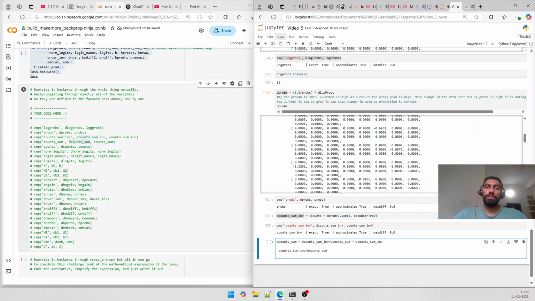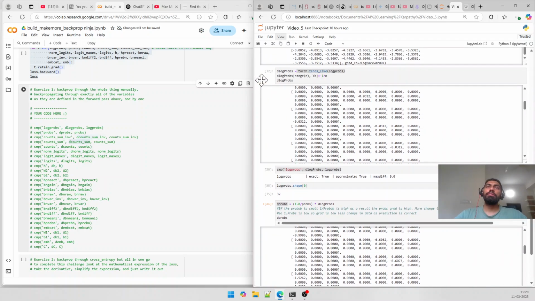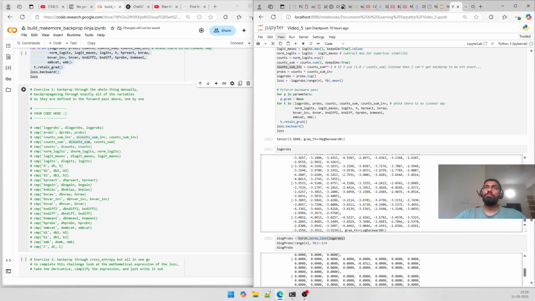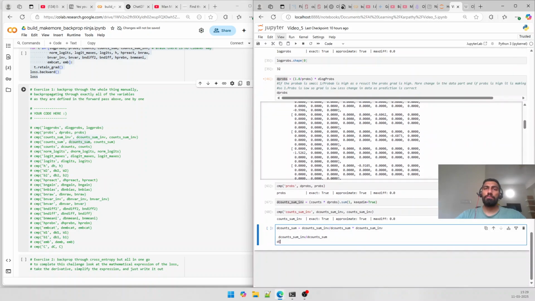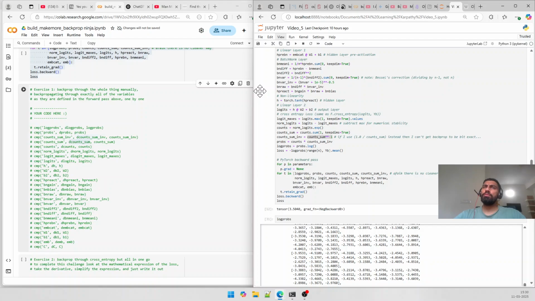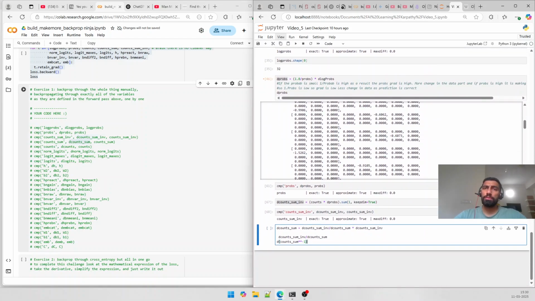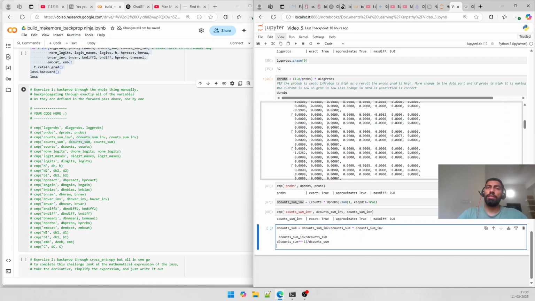So this will be equal to d count sum, which is like 1 by x with respect to x.